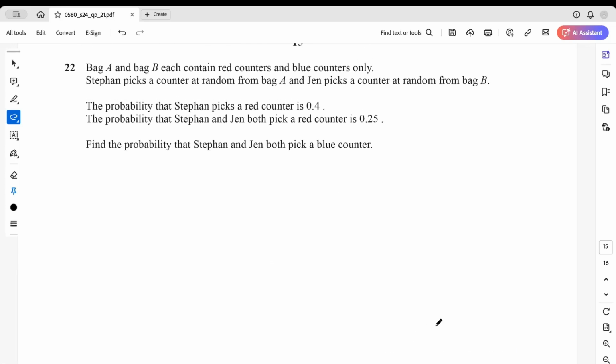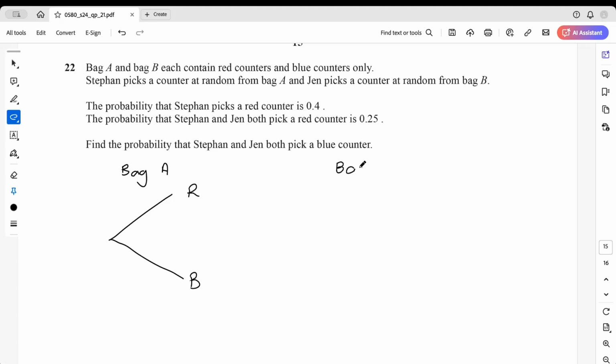And finally, question 22. Bag A and bag B each contain red counters and blue counters only. So in bag A, I have two types of counters, red counters and blue counters.